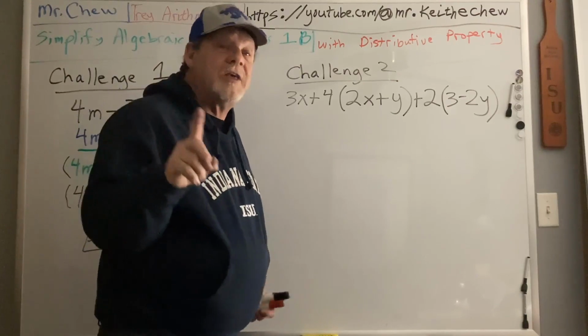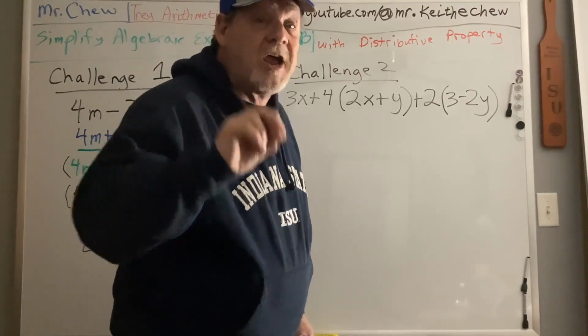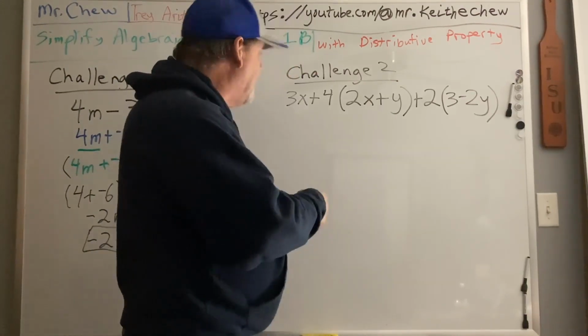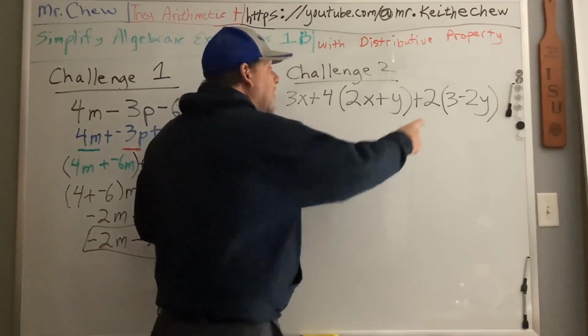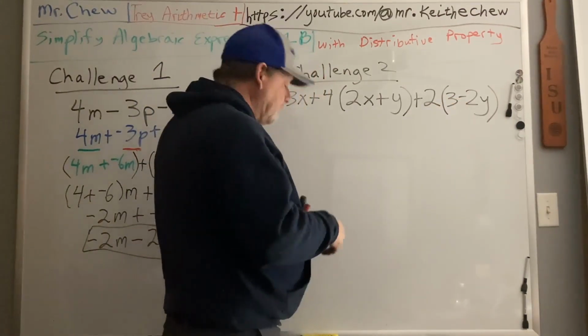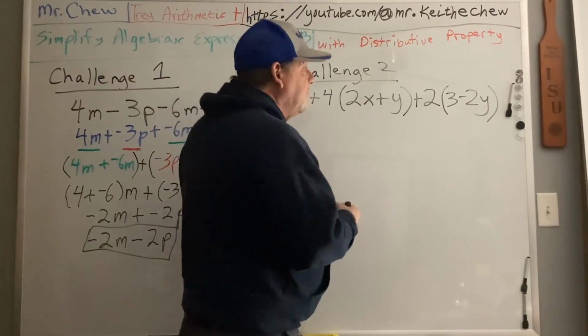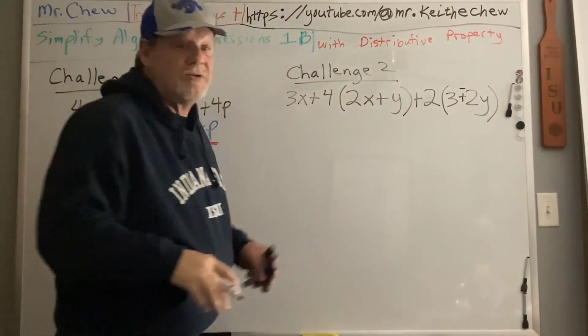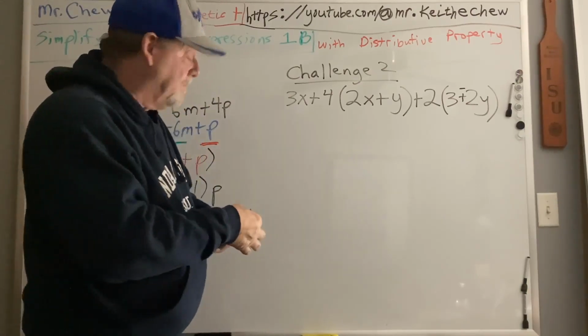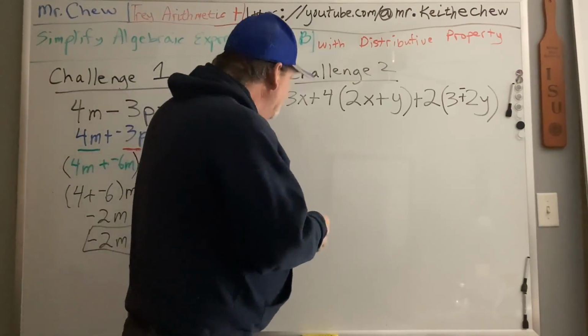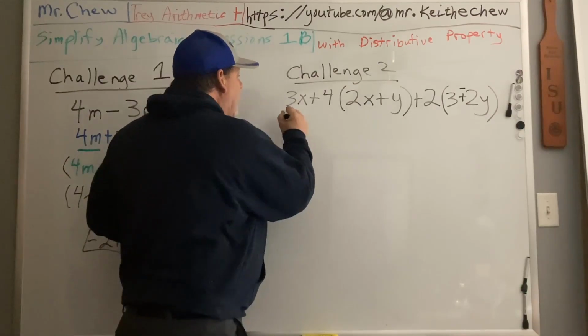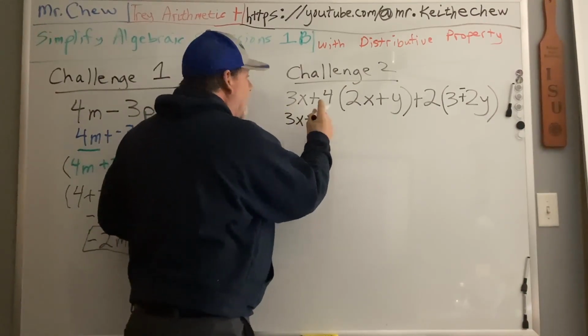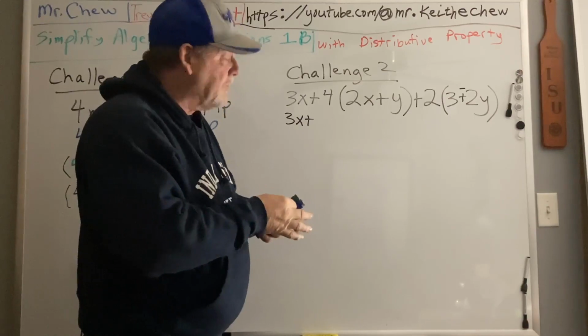So I have the distributive property here and here. That is the first thing I have to do after I change subtraction to plus the opposite. I've only got one of those, which is right here. So I'm just going to change it right here instead of doing another line, because I'll need several lines to do this problem. I have a 3x here that I just have to write down because I've got to do my distributive property first.